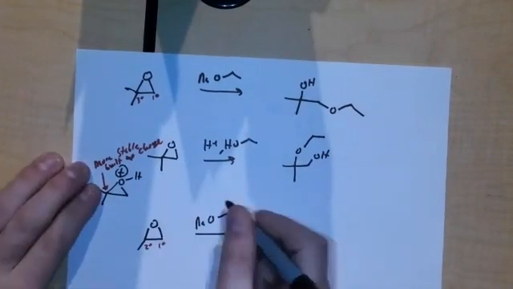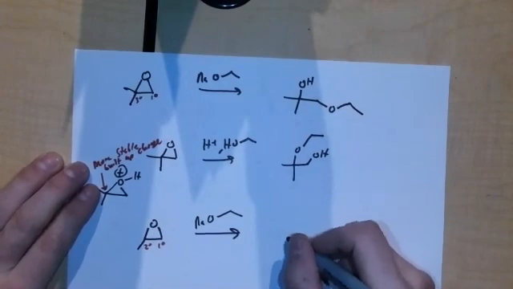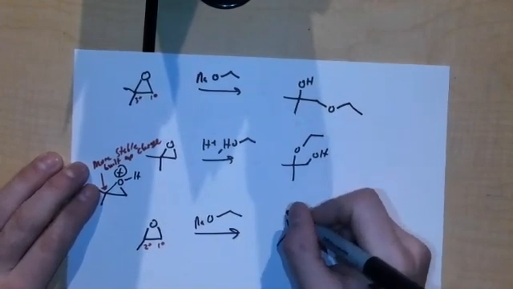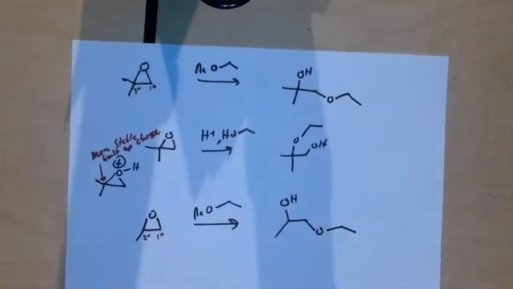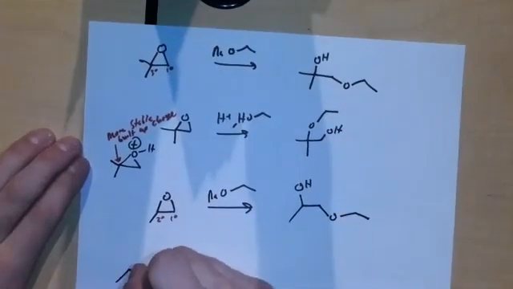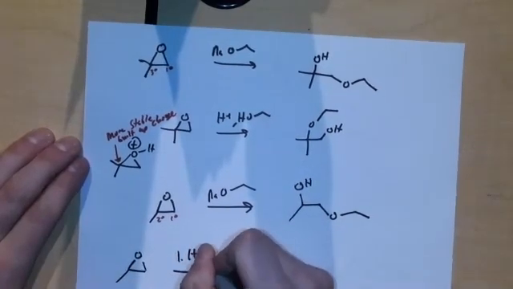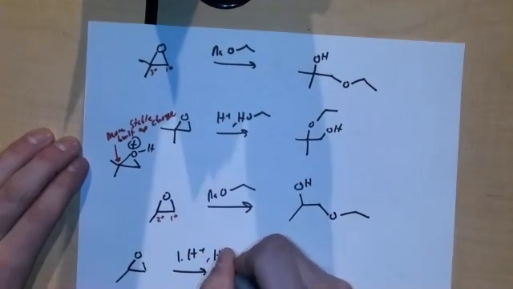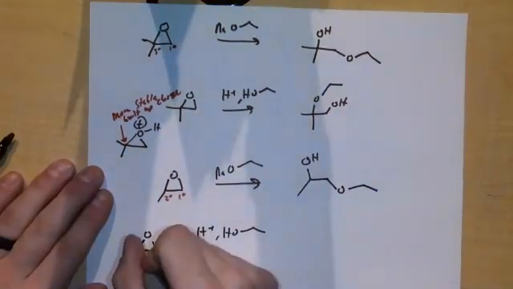So secondary, primary, there's no charge on our epoxide. It's still going to go to the less substituted center. The exception is going to be with H plus and ethanol here, where you don't have something that's dramatically more stable.